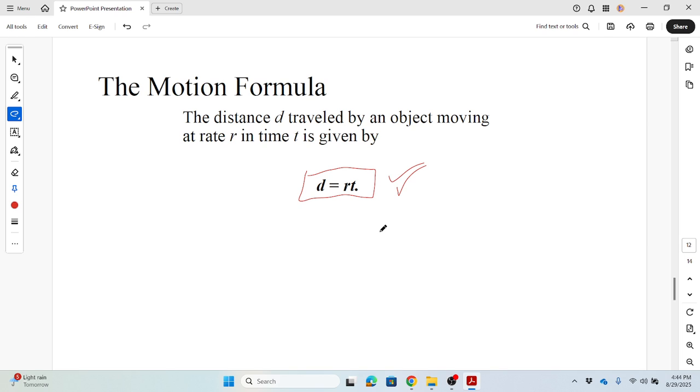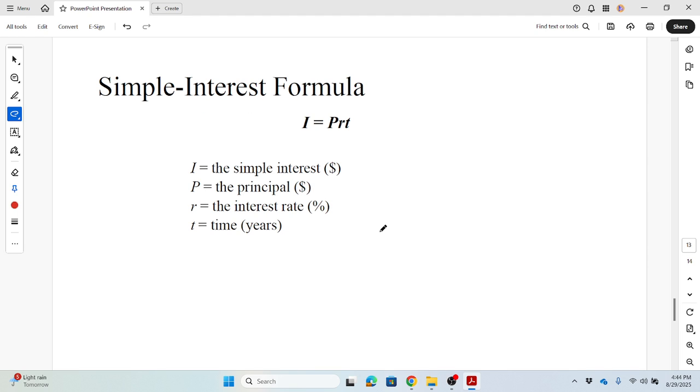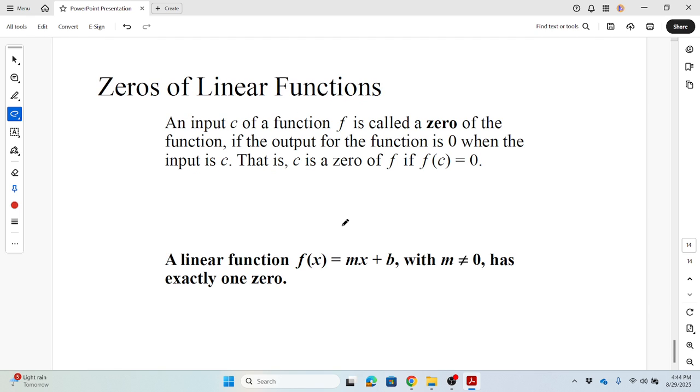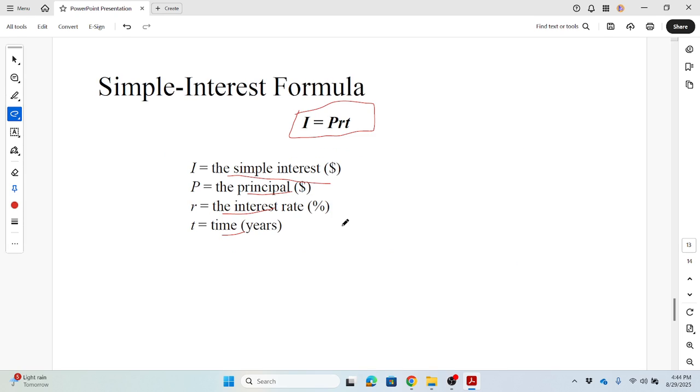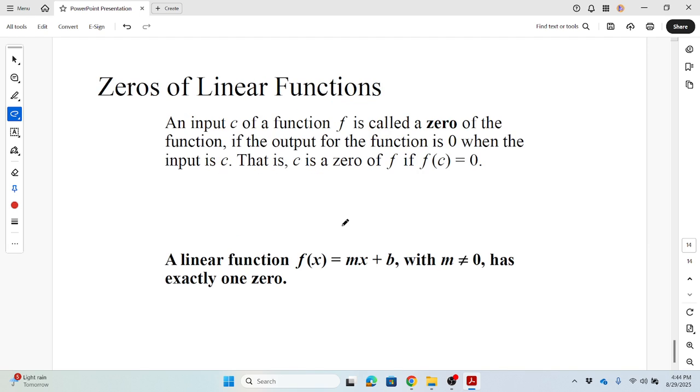So sometimes if you have to solve a distance problem with velocity or speed, you can use this formula. Sometimes it might be the simple interest formula where I is equal to P times R times T, where I means simple interest, P means principal, R means rate in percentage, and T means time. So these are some relations or formulas which we can use to solve application problems.